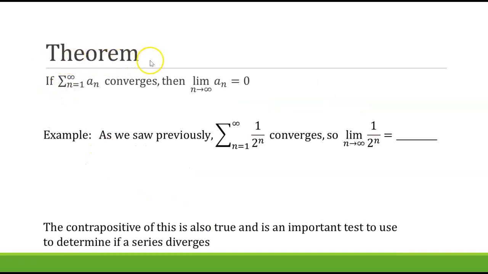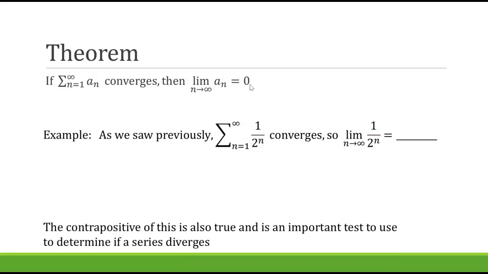Let's go ahead and take a look at this theorem. This theorem says that if the infinite series, the sum of n equals 1 to infinity of a sub n, converges, then the limit as n approaches infinity of the general term a sub n has to equal 0. So I really want this to be sort of an intuitive statement here.